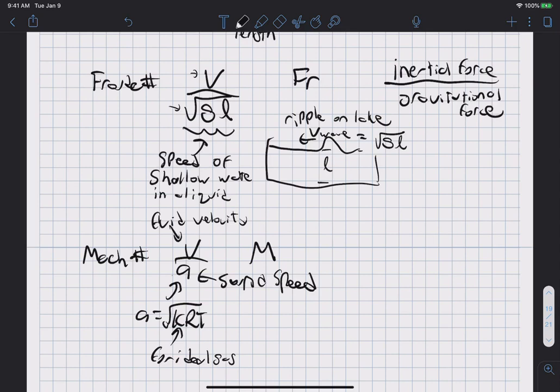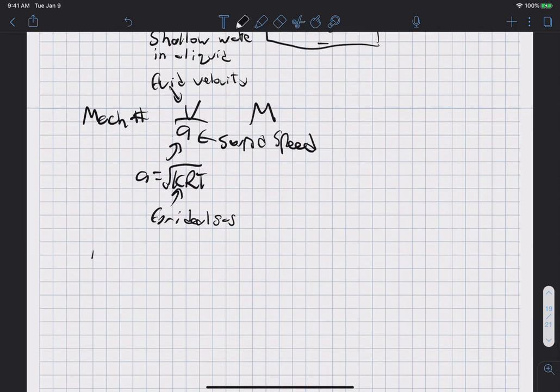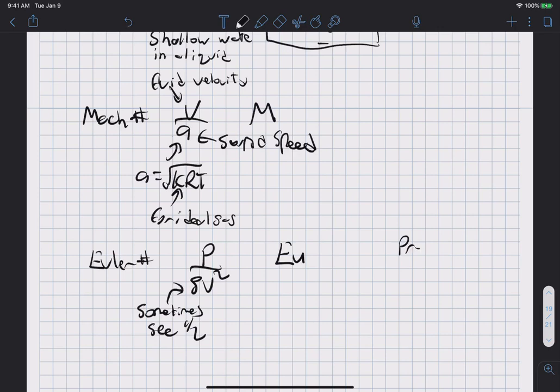And there's an Euler number, given by P over rho V squared, and sometimes you see a 1/2 there, but not always. That's given by the symbol Eu, and this is really representative of the pressure over the inertia.